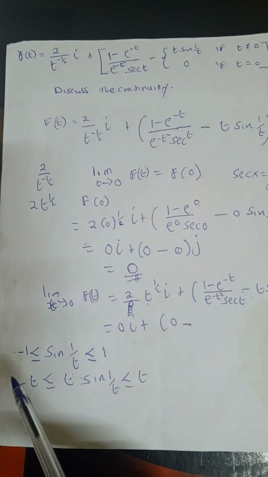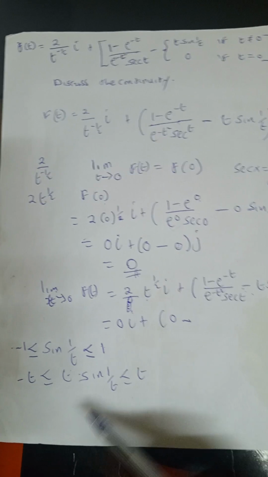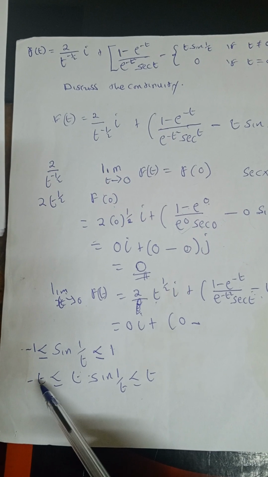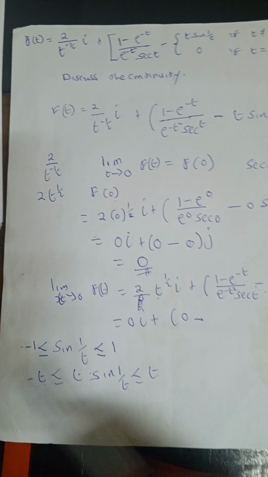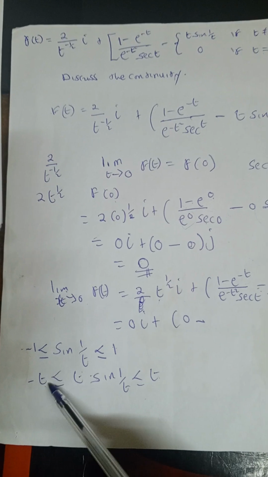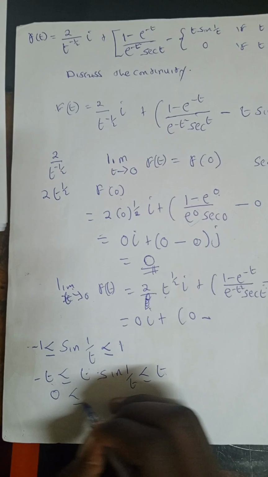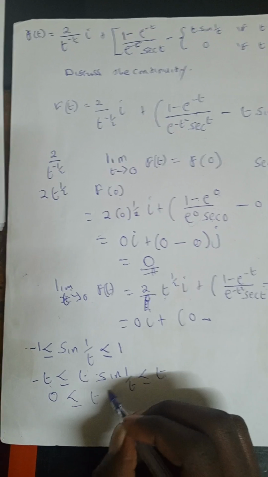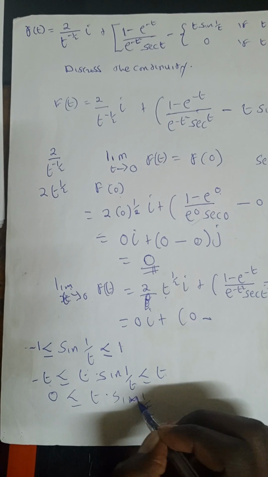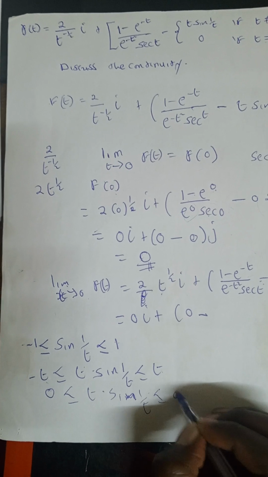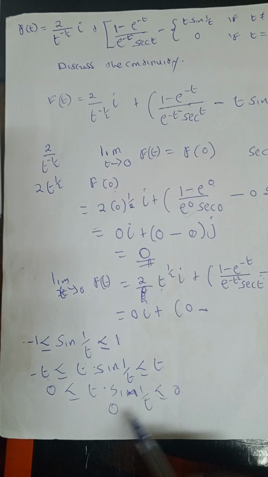Now we just have to apply the limit as t approaches 0 for the left side, the middle part, and the right side. Whatever answer we get for this, this, and this, it will be the same. As t approaches 0 for the left side, it is 0. For the middle, we don't know. For the right side, it is 0. So it means even for the middle part, it is 0.